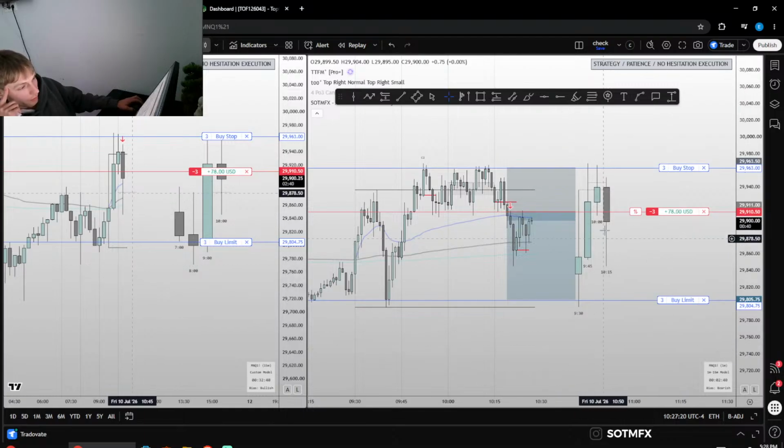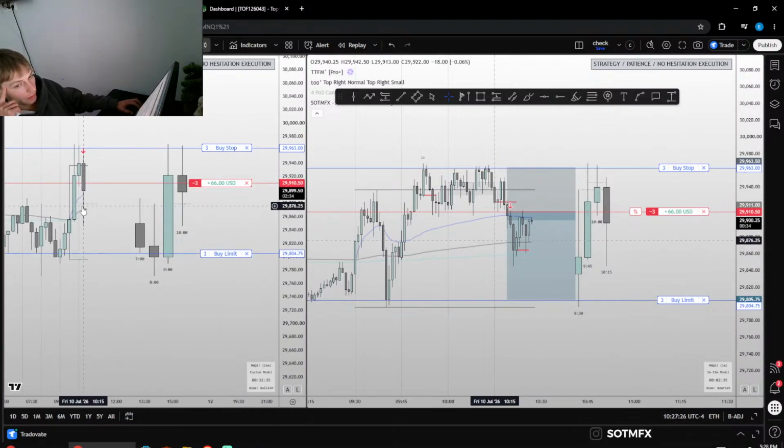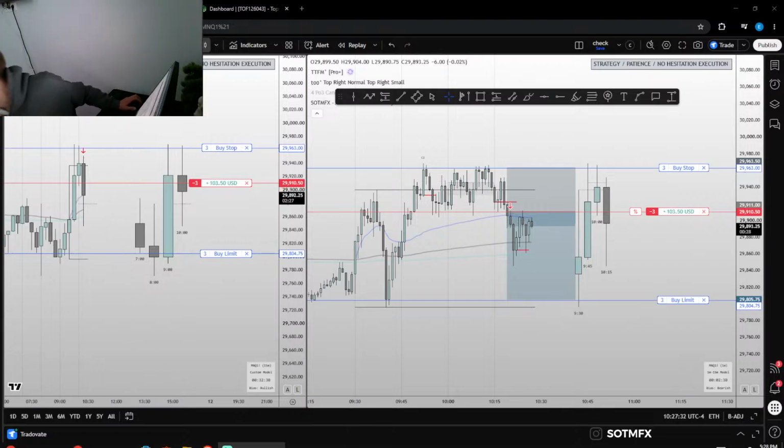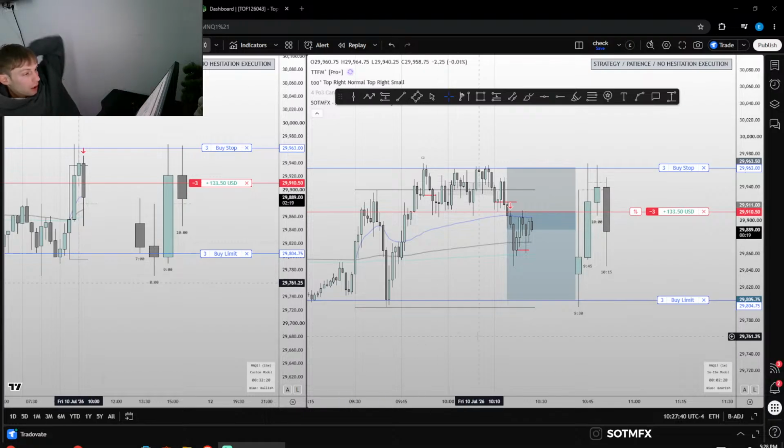Alright, so 3 minutes left until the 15-minute candle closure. Now the 15-minute looks like it was a retest. Alright, so let's see.